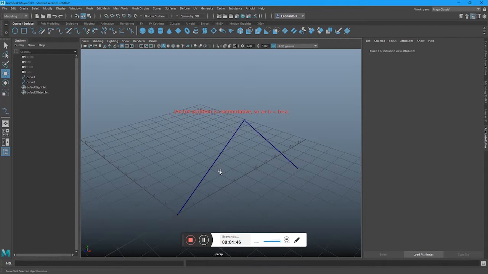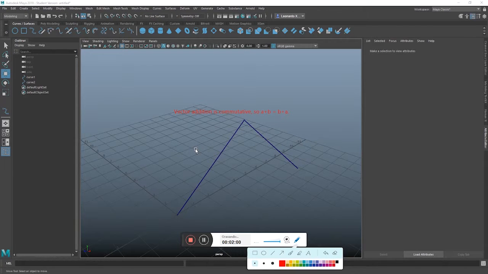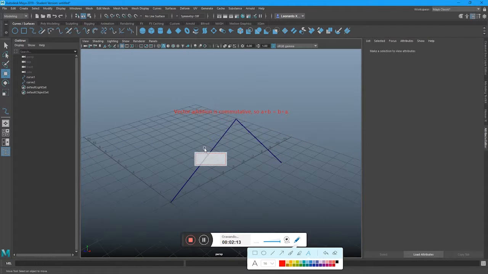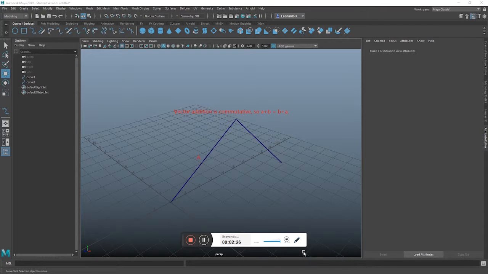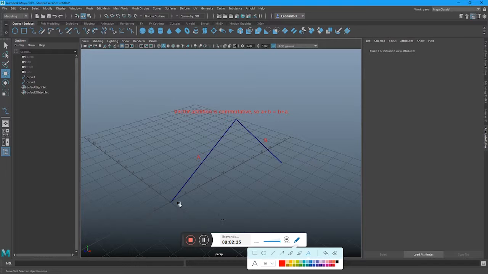So now the addition of vector A and vector B. So this is the tail of vector A, and this is the head of vector A. This is the tail of vector B, and this is the head of vector B.